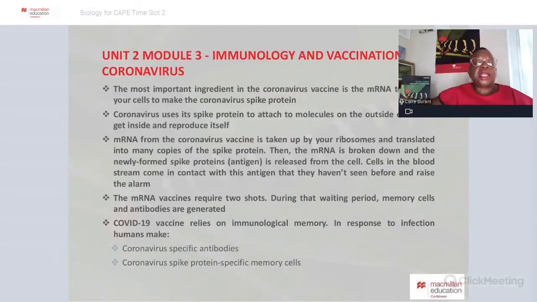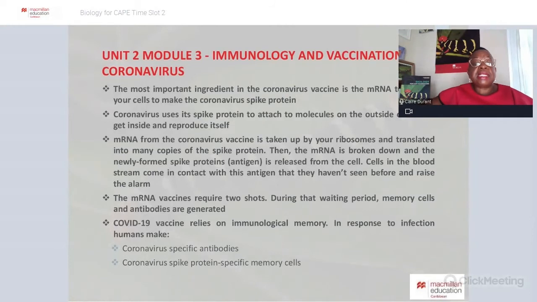So, messenger RNA from the coronavirus vaccine is taken up by your ribosomes and translated into many copies of the spike protein. And the messenger RNA is broken down inside of your cells, but the newly formed spike protein, which is the antigen, is released from the cell.